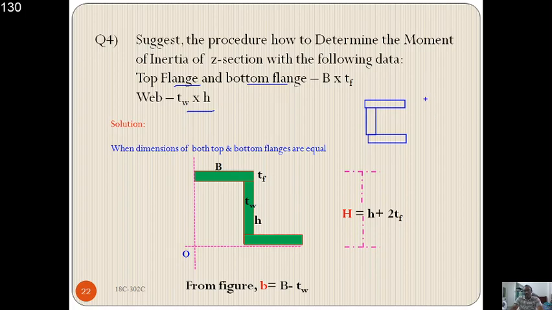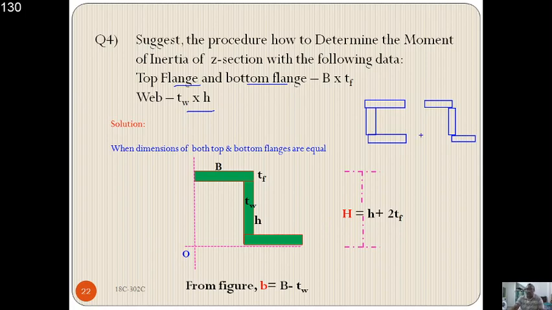For the z section, this part of the top flange is here, the web is somewhere here, and the bottom flange is like this.